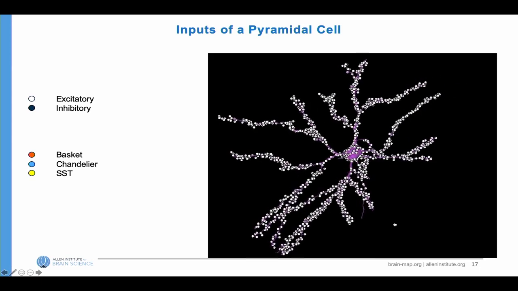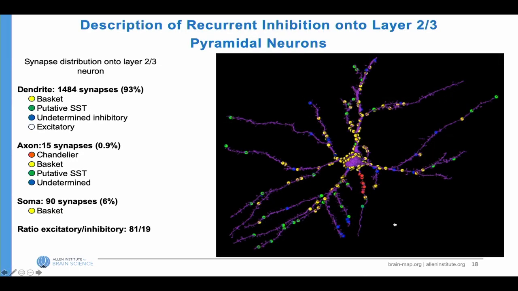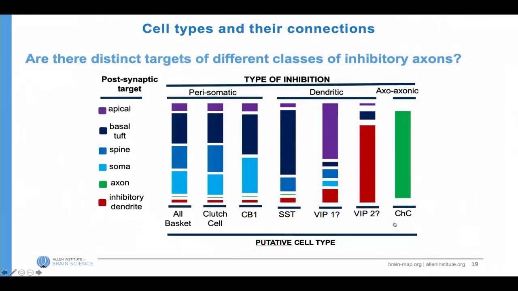And I'm not going to show that again. By quantifying the numbers of the different types of inputs to pyramidal cells and other targets, they were able to get their first real results in this cell type connectivity space. Not quite enough to publish an encyclopedic paper, but enough to know that there's pattern there.